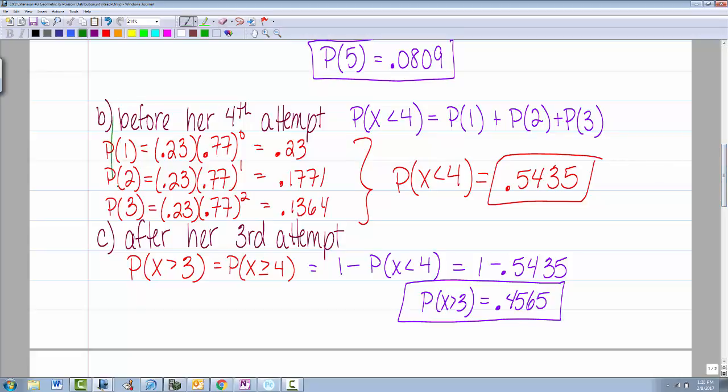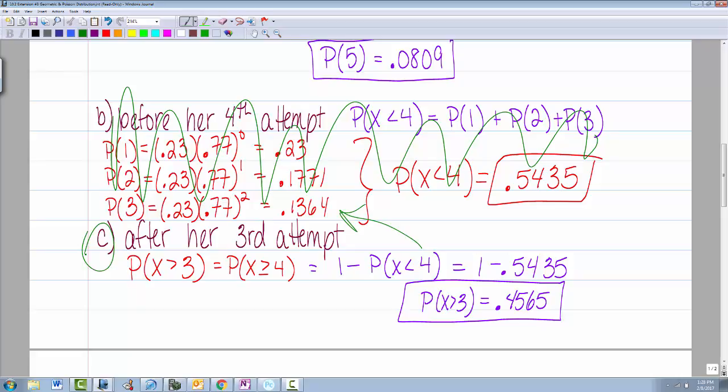If I didn't ask you B, you would have to still do B to get C's answer. Because C is just the complement of B, or B is the complement of C. So for me to actually assess this, I would actually have to find the probability of her third, second, and first attempt, and 1 minus that to actually answer this question.